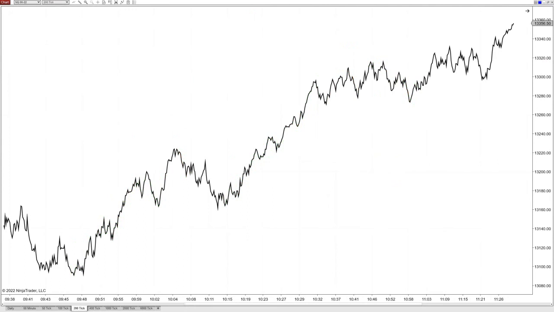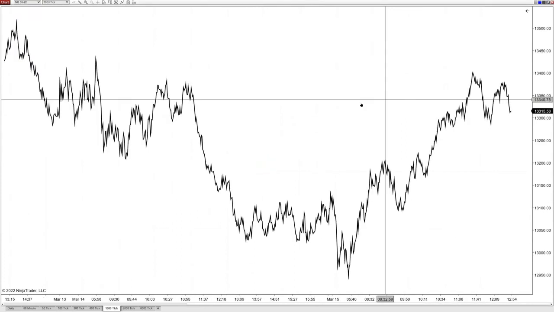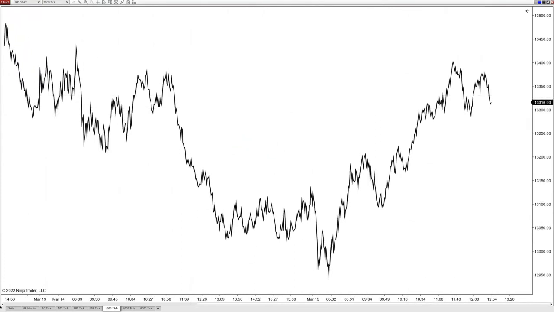So even though we have what looks like the trend exhaustion here on this 200 tick chart, if you pull this up to like the 1,000 tick chart here, look at where that pattern was. You've got some smaller measured impulse moves, but we also have some waves of impulse action that are larger than what you're seeing here.